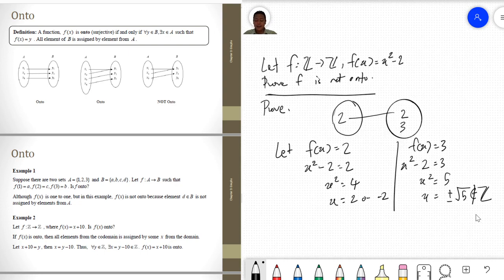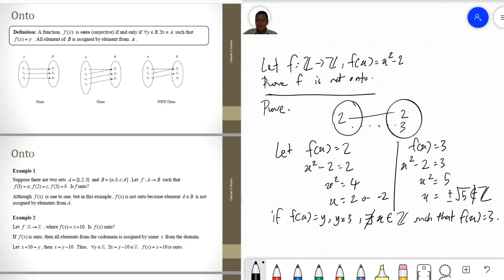And if it's not an integer, it means if f(x) equals y and y equals 3, there does not exist some x from the domain such that f(x) equals 3. So 3 will not be assigned to any element of x here.